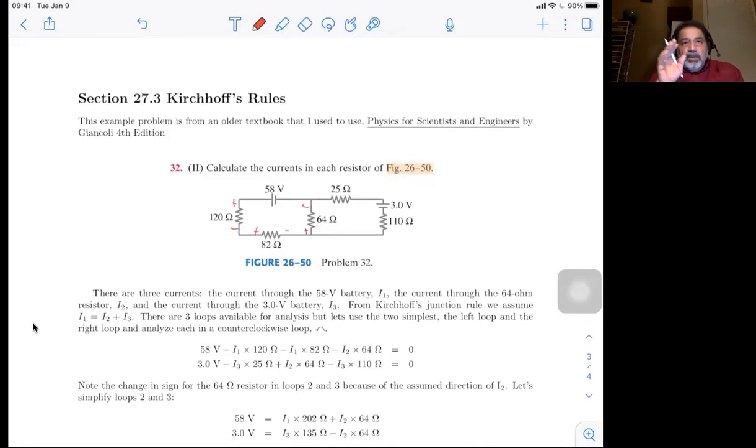So remember, as we exit the device, we take its sign.